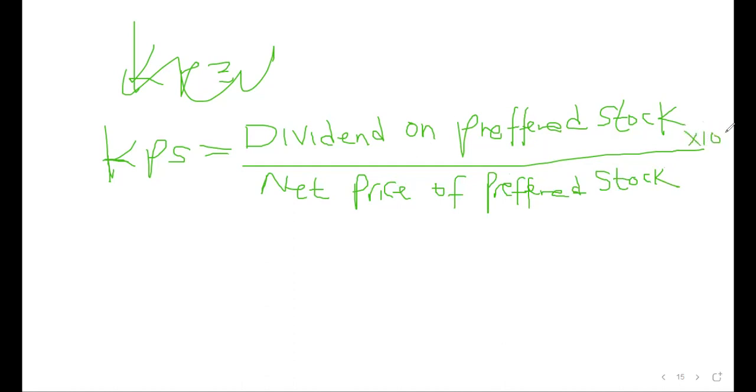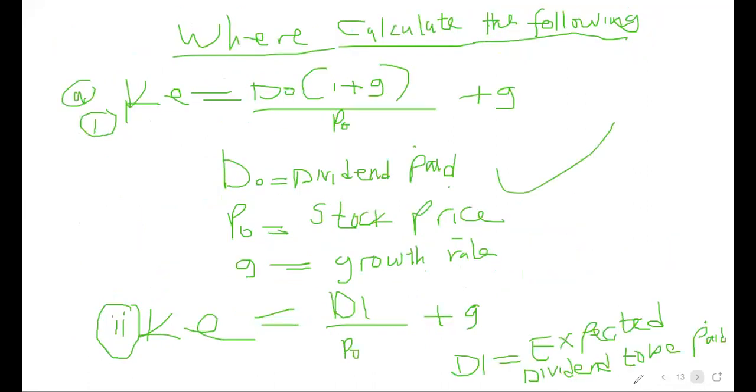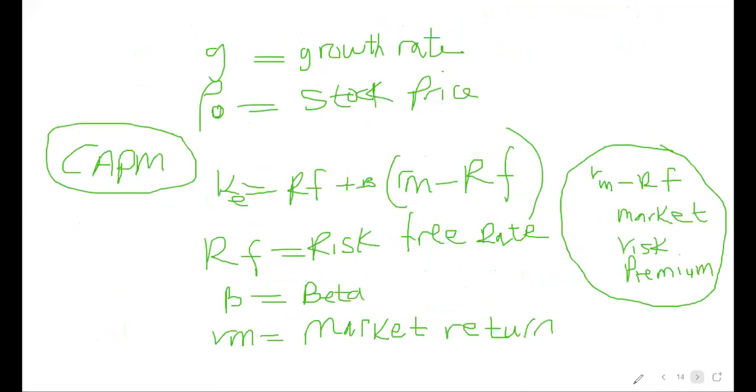So this is how you get the cost of preferred stock: dividend on preferred stock over the net price of the preferred stock. There is that breakdown. Of course, we get down to the cost of equity and all that. So this is what the WACC will actually look at, the overall capitalization.